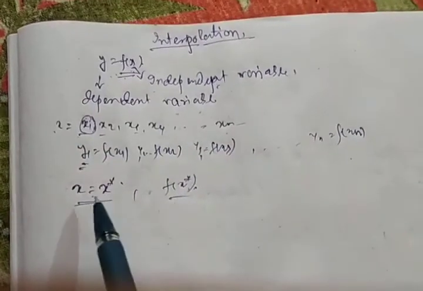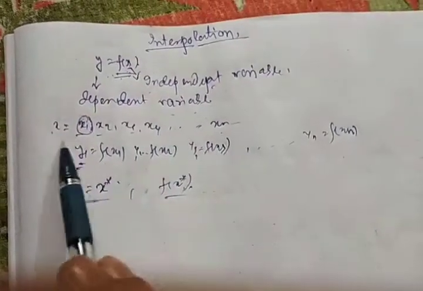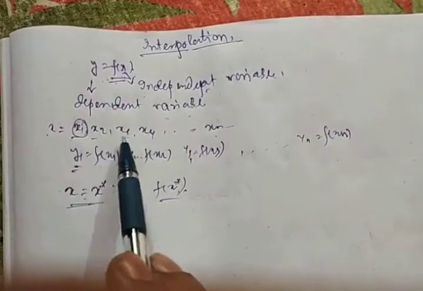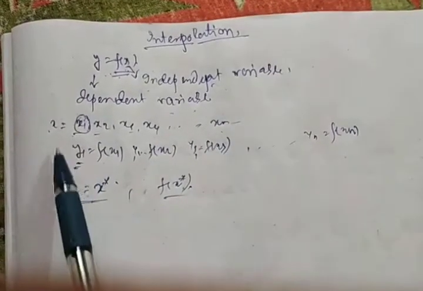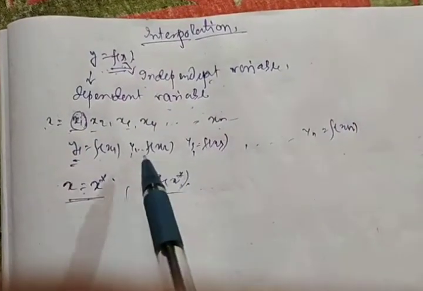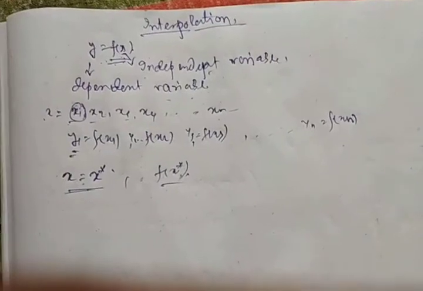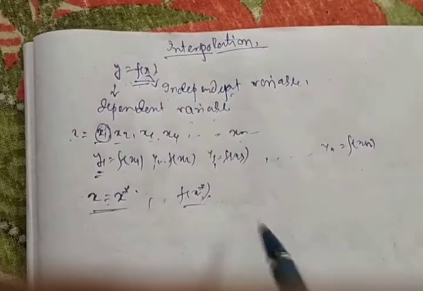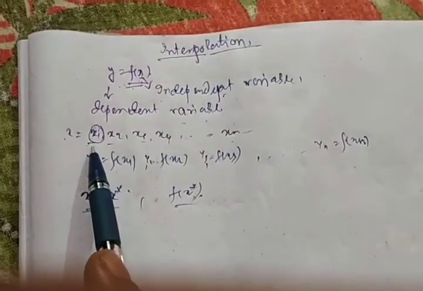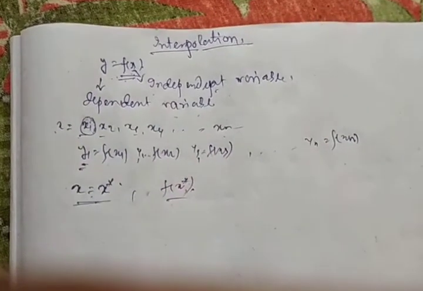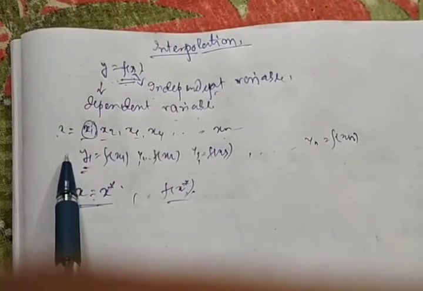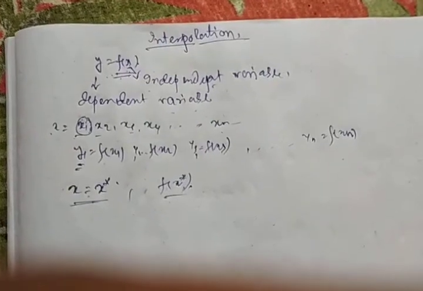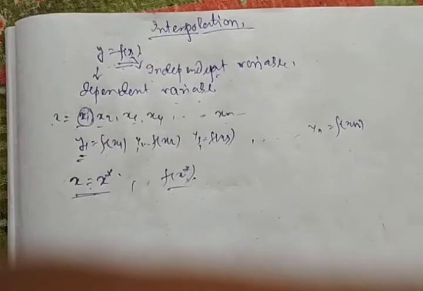If x star lies within the range of x1, x2, x3, then it is called the interpolation problem. If x star lies outside the range of the values of x, then it is called the extrapolation problem.